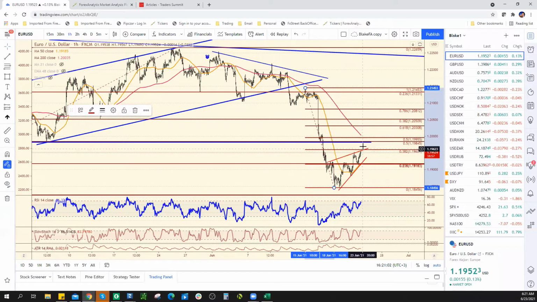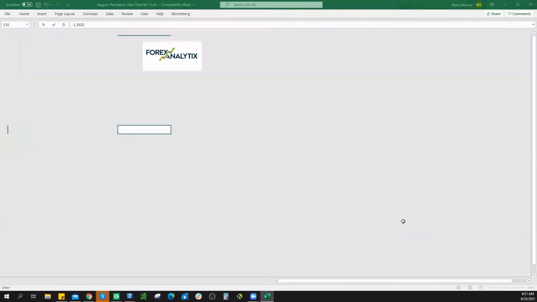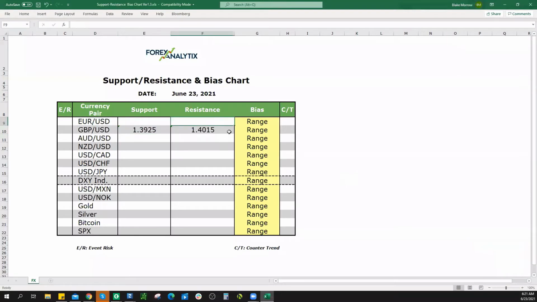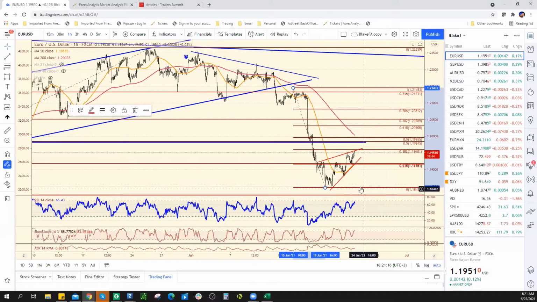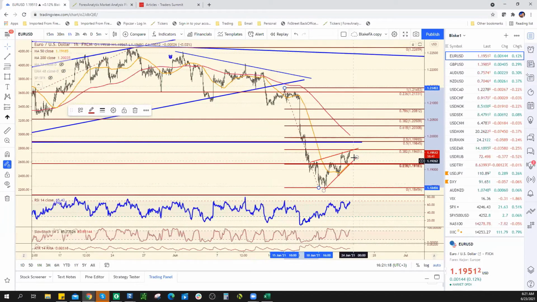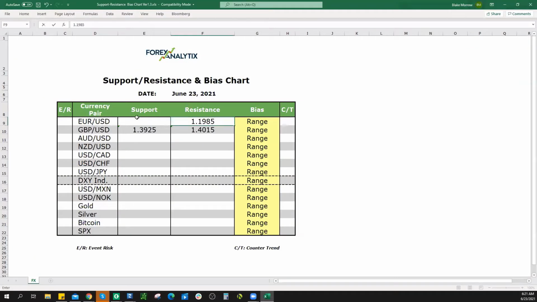The 50% retracement comes in around 120, so I would think that the 119.85 level is going to be good resistance. Support is going to be this spike low here. Again, there's this trend line, but this spike low I'll be more concerned with, which will come in around 119.10.